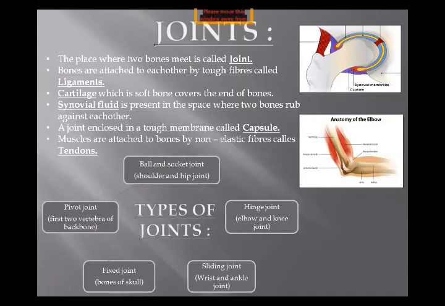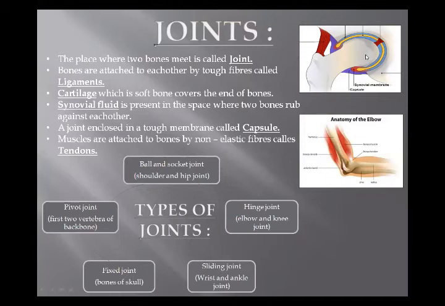This soft cartilage covers the ends of the two bones, and synovial fluid is present in the space between the two bones. This cartilage and synovial fluid minimize the friction when two bones move.